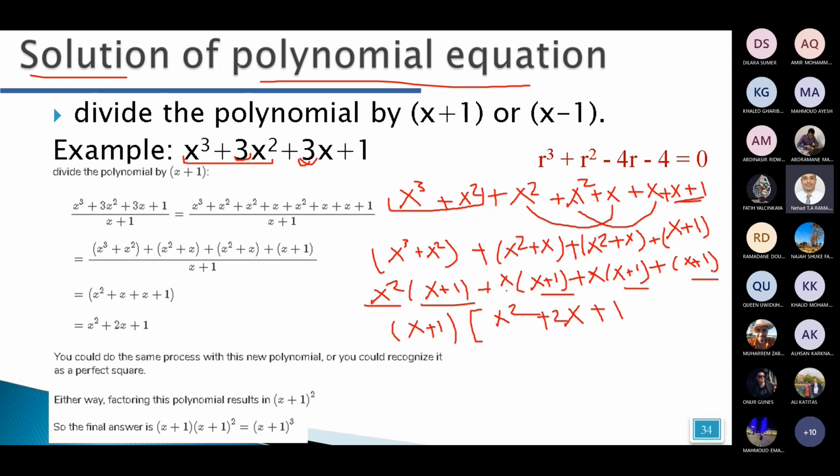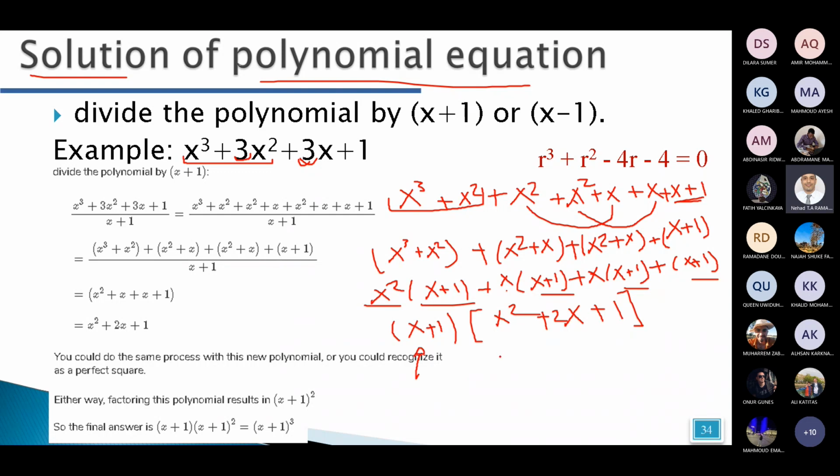Divided by x plus 1, so the remainder is 1. Look here, what do we have? We have x plus 1. We can easily solve it. We have here x power 2 plus 2x plus 1.